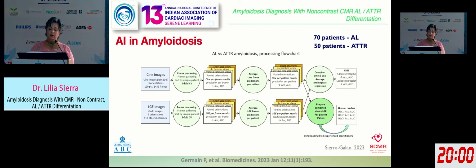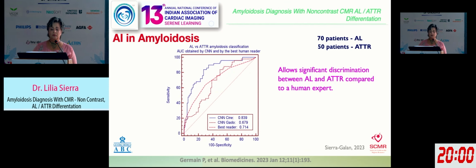For example, in this study, the authors used 70 patients with AL and 50 patients with ATTR, and they obtained a better diagnostic accuracy, and they were able to discriminate between AL and ATTR, comparing with a human expert.